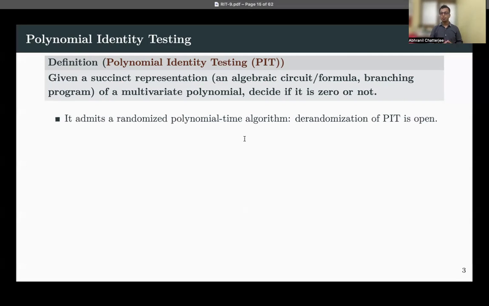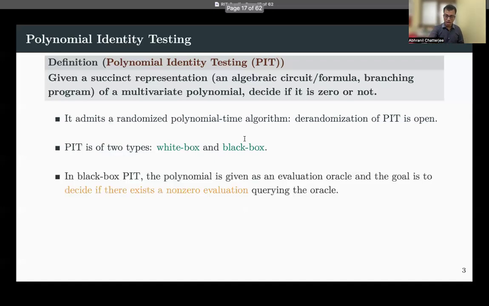The PIT problem is of two types, white box and black box. In white box, we can see how the polynomial is being computed. In black box PIT, the polynomial is given to us as an evaluation oracle, where the goal is to decide if there exists a non-zero evaluation, and we can only query the oracle.